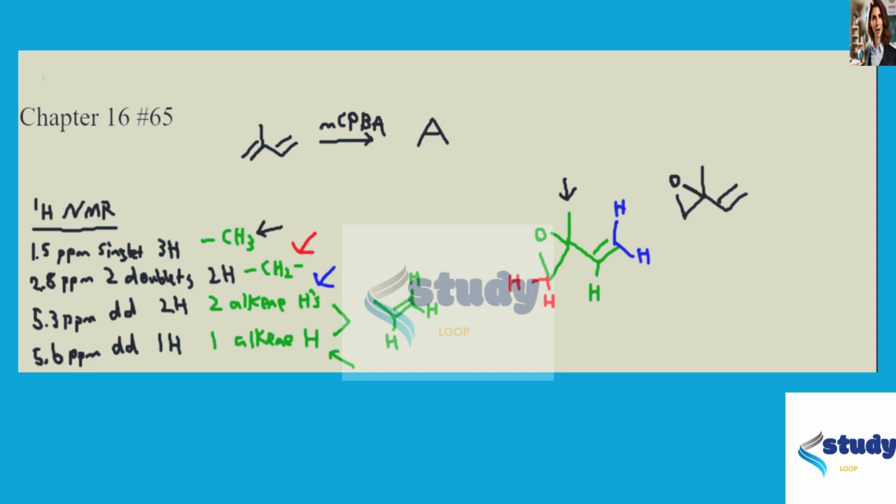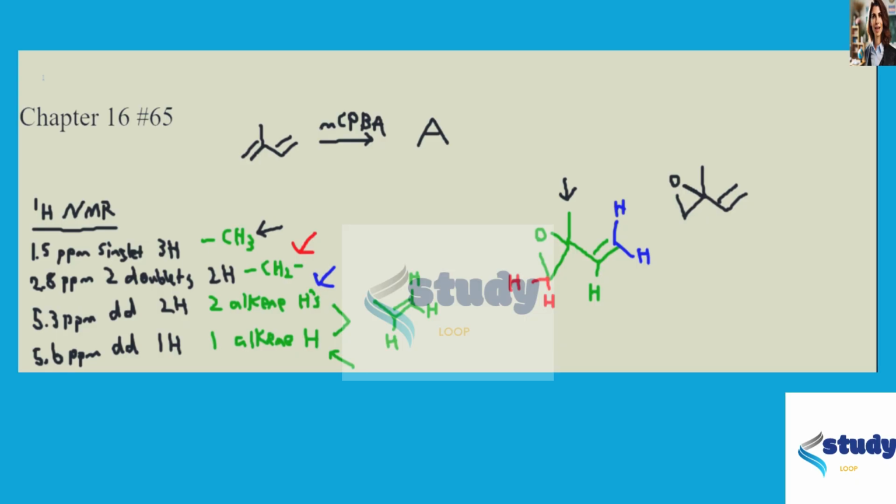And again, this one was kind of easy because we should know that when we treat an alkene with mCPBA, we're going to get an epoxide. So we knew that one of these double bonds would have to be epoxidized. And then we just need to use the NMR data to figure out which double bond it's going to be.